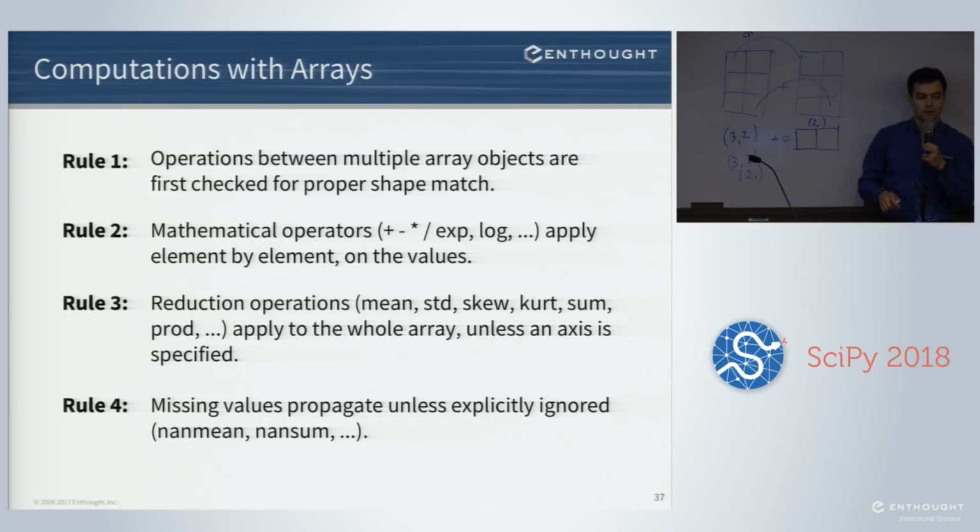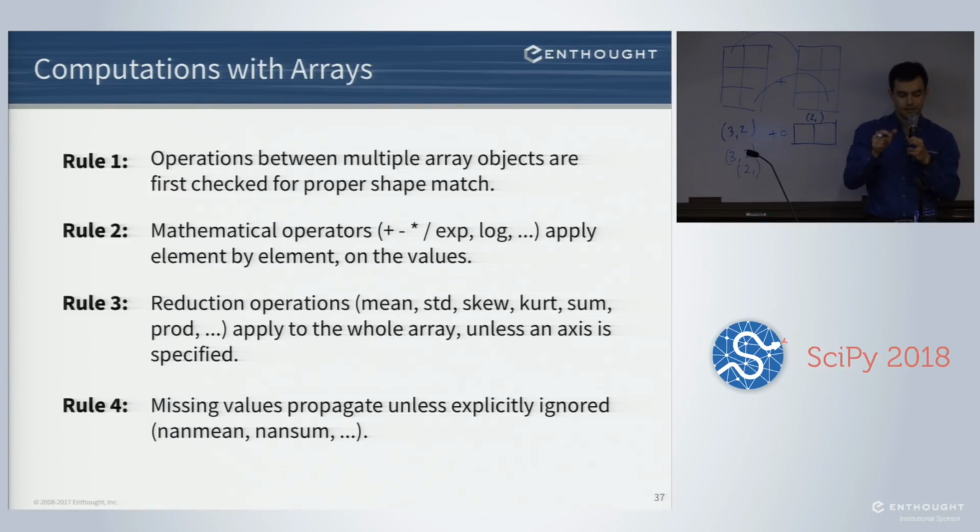So if I took a 3 by 2 array A and added a scalar, it would add it to every element. Yes. If I give it something that is the same shape as the row, then you're doing this row-wise. Do you mean row or do you mean column?